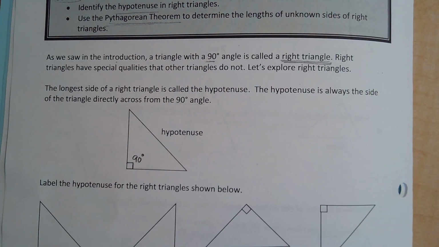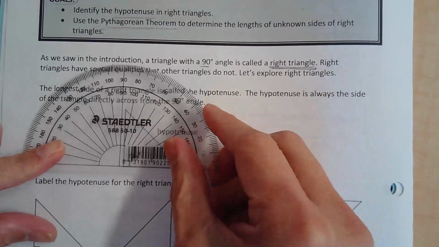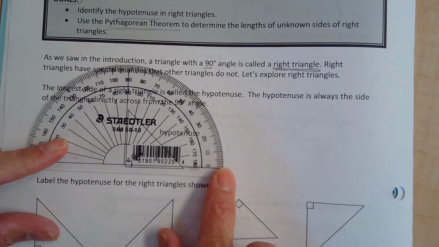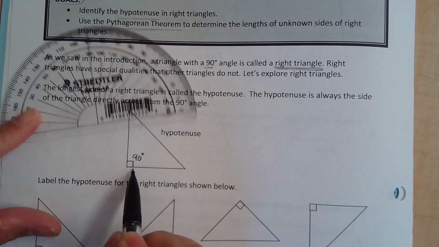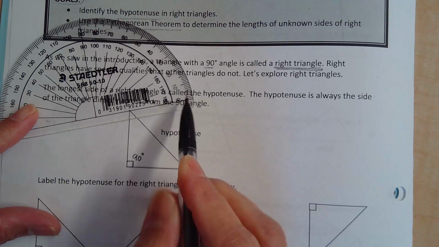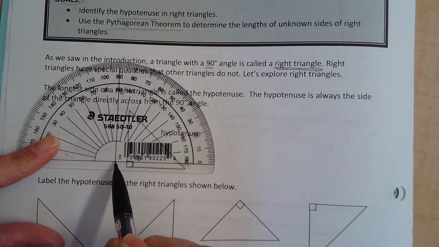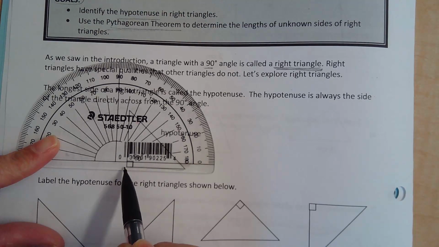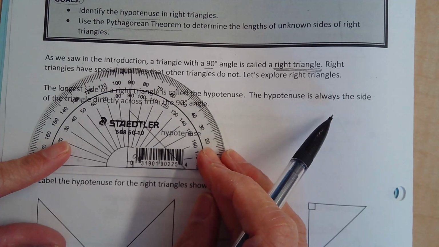Just to show the people who weren't here yesterday, when we measure the angle, we put the starting arm, which is this one here, right at the 0, and then this corner goes at the hinge. Like when you think of a door, it's the hinge of the door, or the corner.